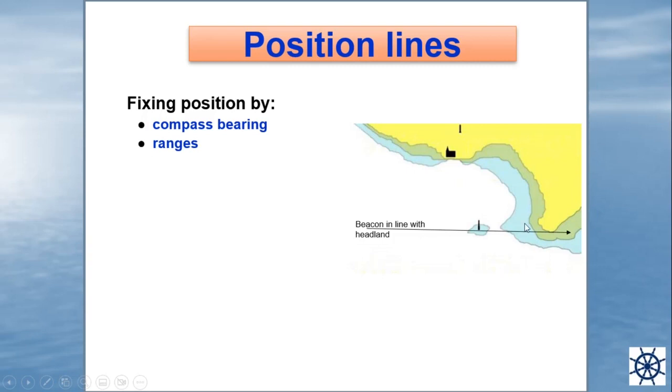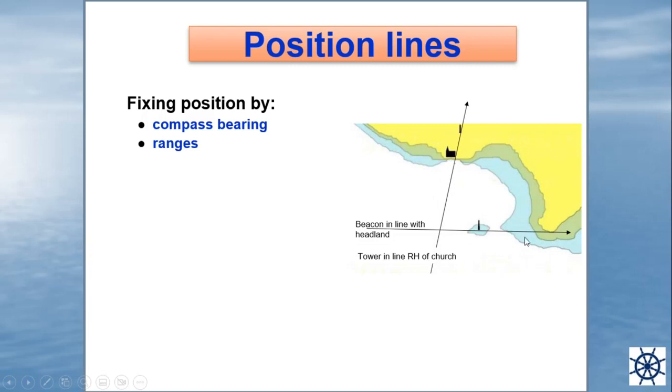Bacon in line with the island, 090. The spire is 060. The bacon in line with the headland, in line sila, no? Bacon and headland is now the tower in line with the RH of church, no?